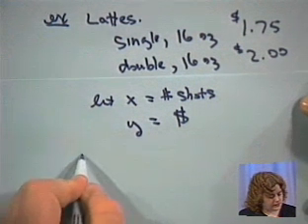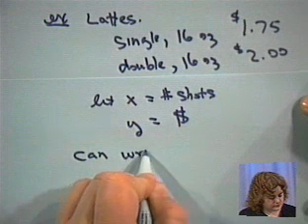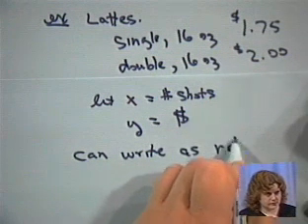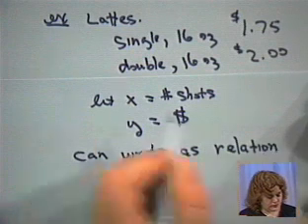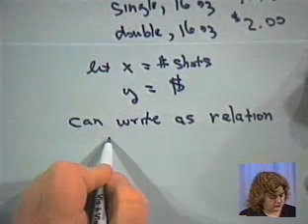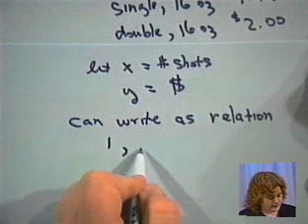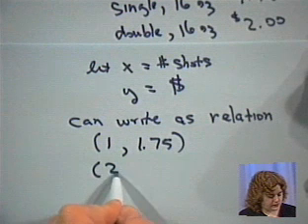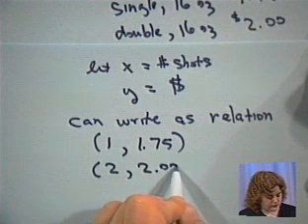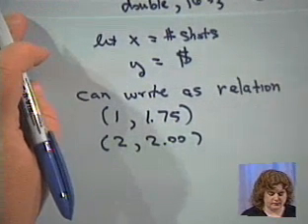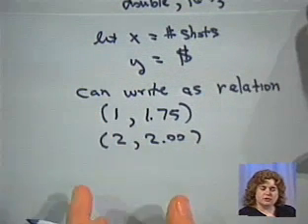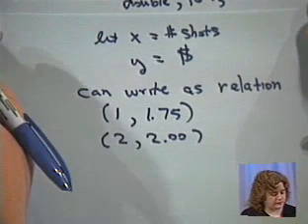We can write as a relation the ordered pairs, 1 for 1 shot of coffee, 1.75 for the cost, and another ordered pair, 2 and 2.00. So a relation is simply a set of ordered pairs.